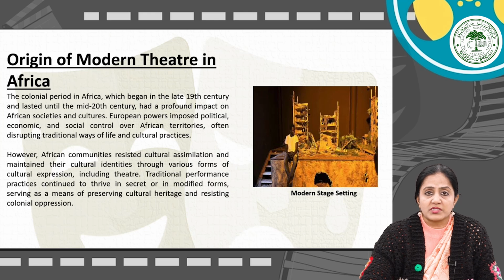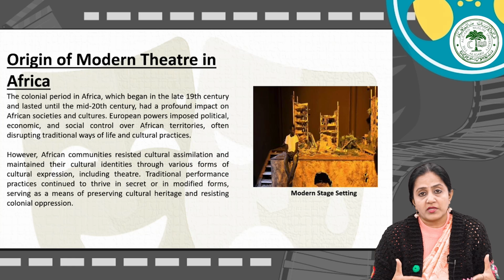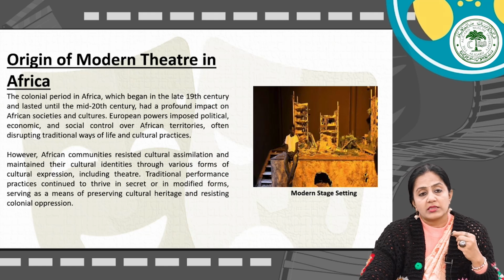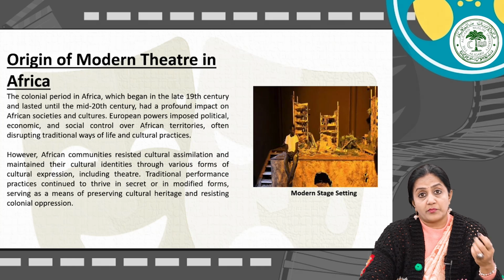Traditional performance practices continued to thrive in secret or in modified forms during the colonial period, as a means of preserving cultural heritage, and they were also a means to resist colonial oppression. Because whenever there is a colonial rule, the cultural practices are also big victims. Languages and cultural practices are oppressed, suppressed, prohibited and banned.